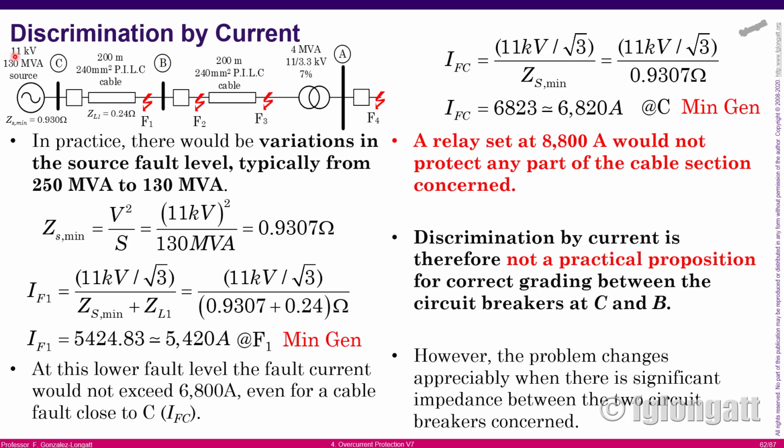Even if you put the fault here at the generation bus bar at C, the maximum short circuit level available is 6.8 kiloamps. That means if we set up the relay for 8.8 and a fault happens, to be honest, this short circuit will stay forever over there because the setting is 8.8 and the available short circuit current when you have low generation, when you have low short circuit capacity, is 5.4.